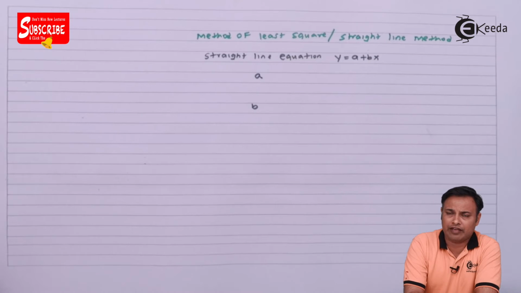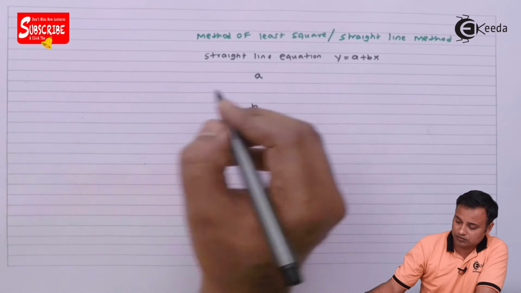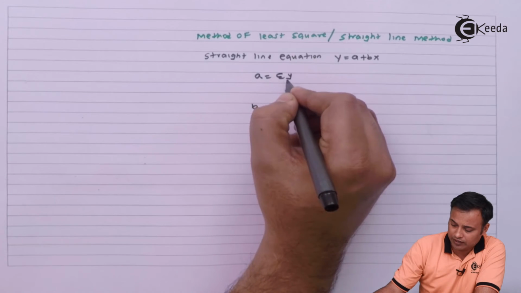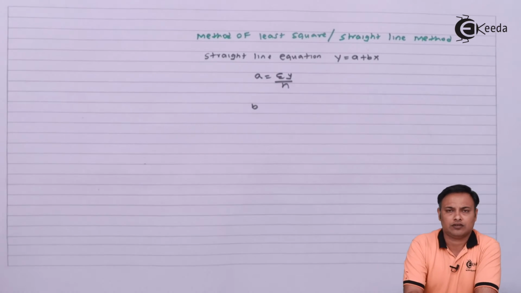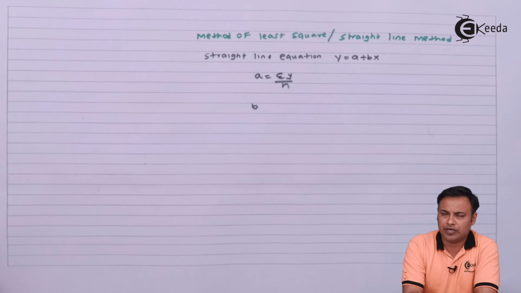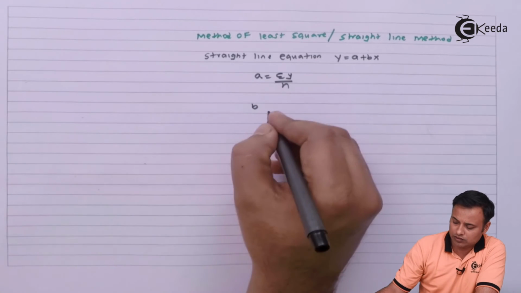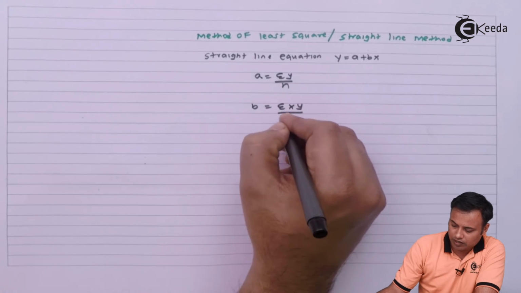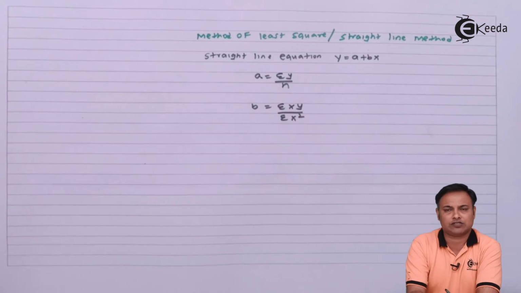For calculating a, we will use the formula a equals summation y upon n, whereas to calculate b, we will use the formula summation xy upon summation x square.